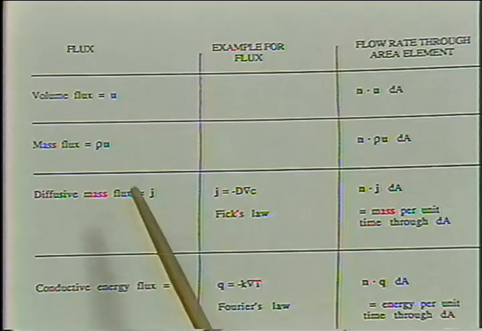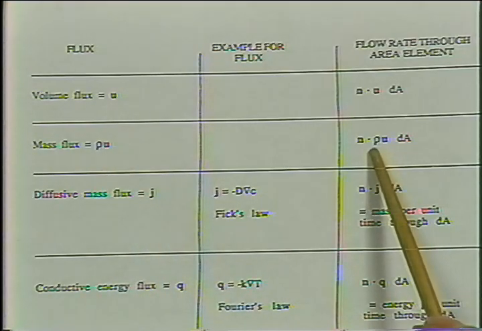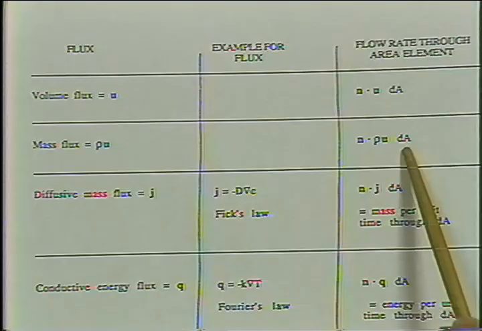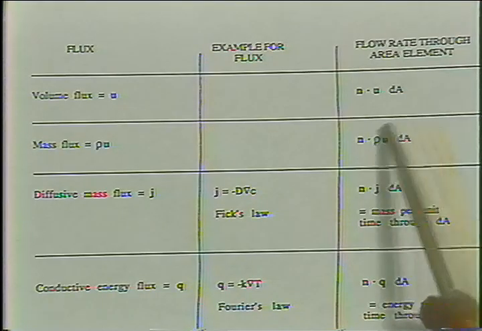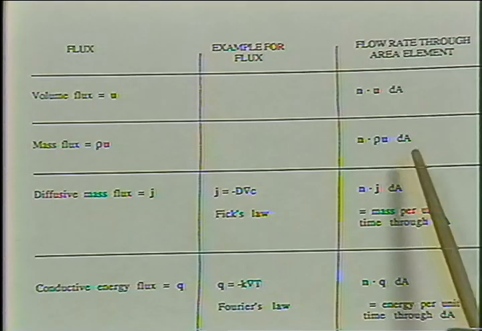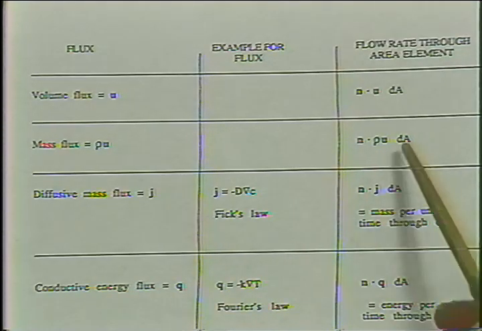Now, the mass flux would be given as rho times u. So if we project rho times u onto n, into the direction normal to the surface, and multiply with the surface area, we have the amount of mass per unit time and per unit area, or in this case, it's related to this area dA.